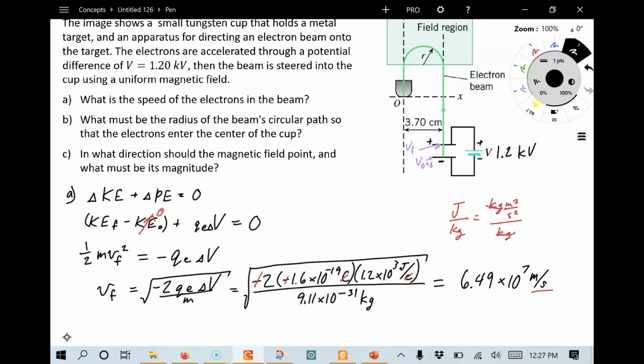What must be the radius of the beam's circular path so that the electrons enter the center of the cup? Well, that one's going to be pretty straightforward. Here's the semicircle. Here's the radius, but so is this the radius, right? From here to here, it's going to be 1/2 of the 3.7 centimeters. So we can write that value down here.